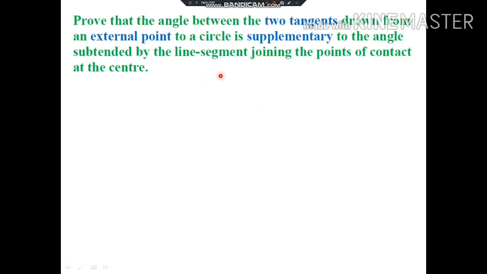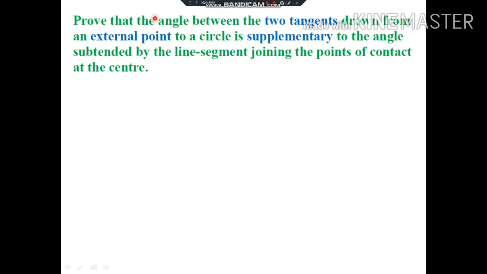Dear children, let us consider one more problem from the textbook. Prove that the angle between the two tangents drawn from an external point to a circle is supplementary to the angle subtended by the line segment joining the points of contact at the center.